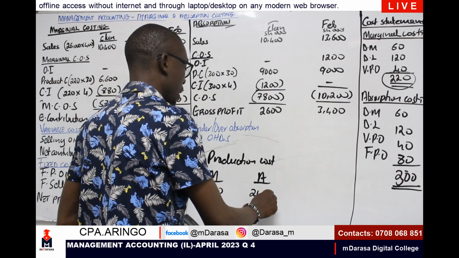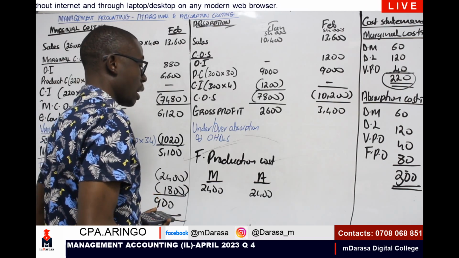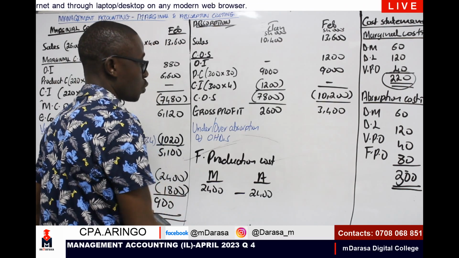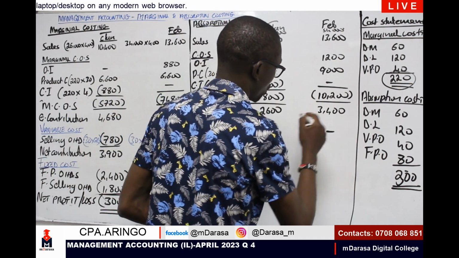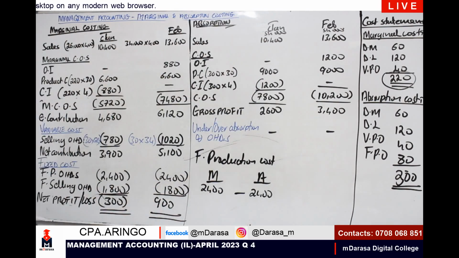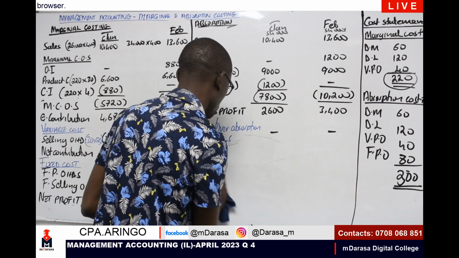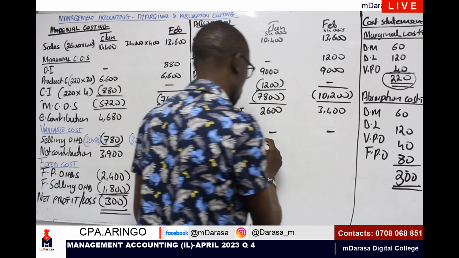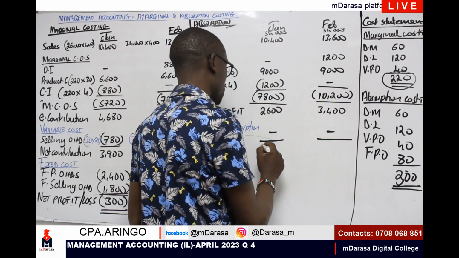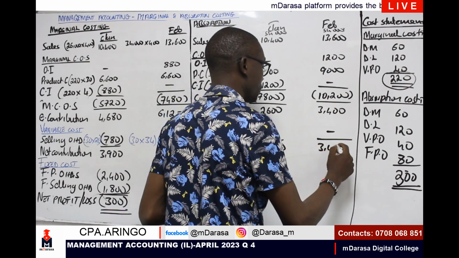So here, I don't have either under or over absorption, because 2.4 minus 2.4 is literally 0. So therefore, this is dash. I'm going to consider this bit to be 2.6 here, and I'm having 3.4 here.